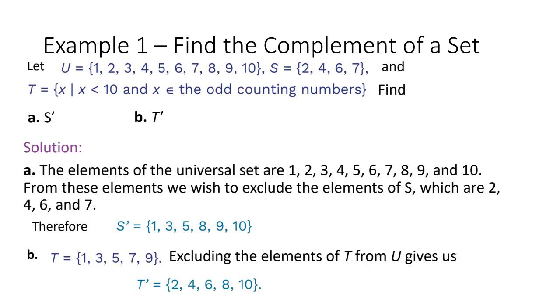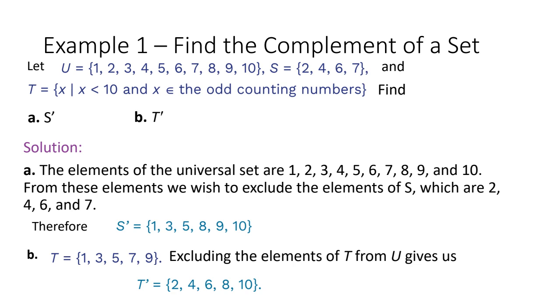So the complement, S apostrophe, is equal to the set that has 1, 3, 5, 8, 9, and 10. These are all of those that were not included in S, but they're in the universal set. And the answer for B, which asks what is the complement of T?